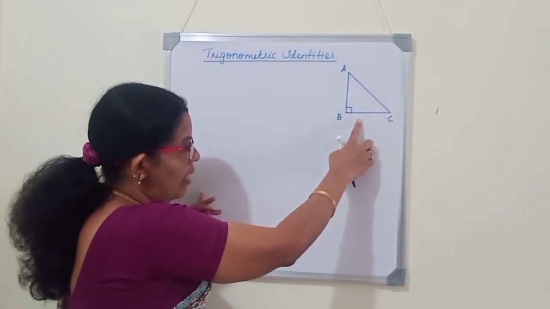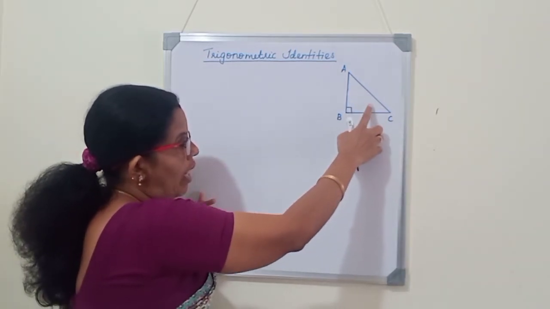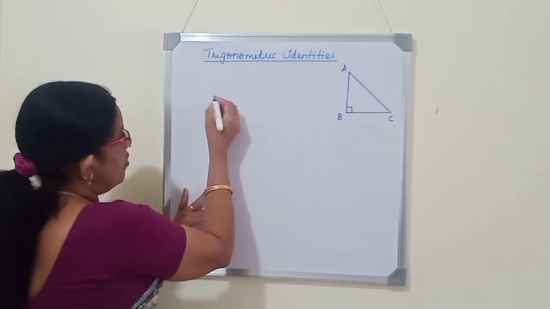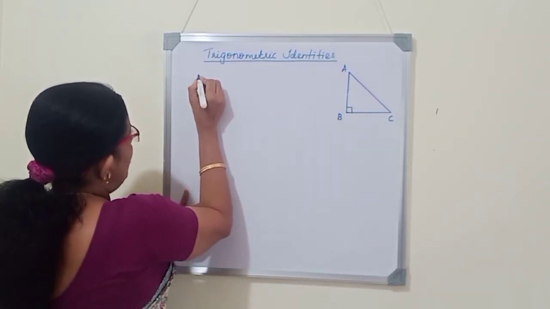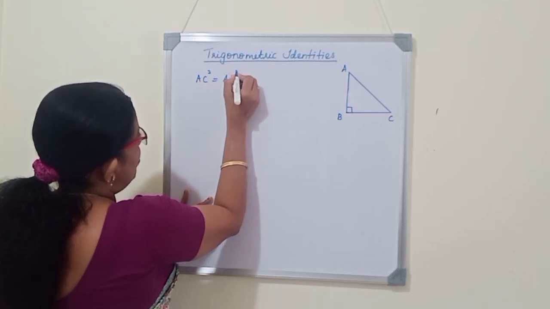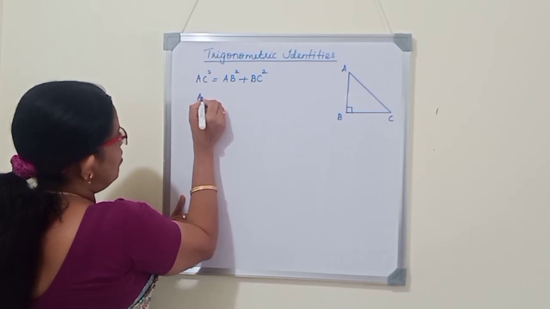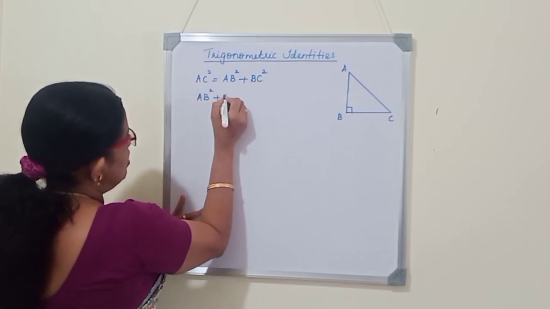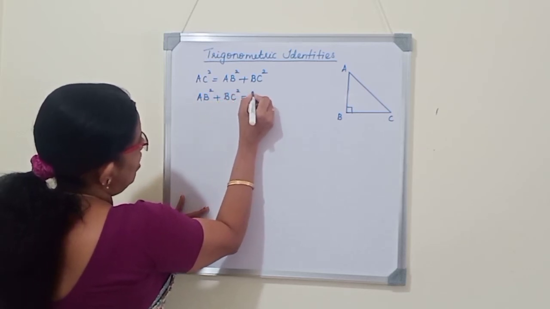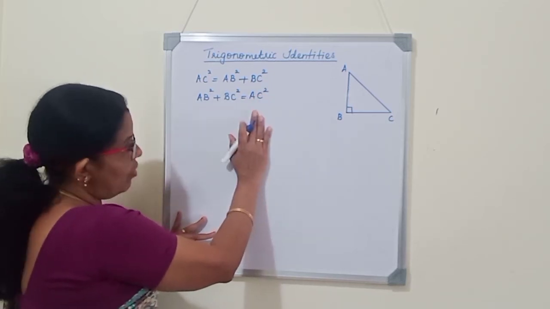So here in triangle ABC, angle B is 90 degree, so AC is the hypotenuse. When we apply Pythagoras theorem, we will get AC square is equal to AB square plus BC square. I'll write it the other way: AB square plus BC square is equal to AC square. This is the Pythagoras theorem formula.